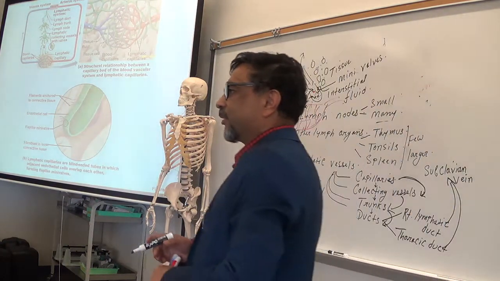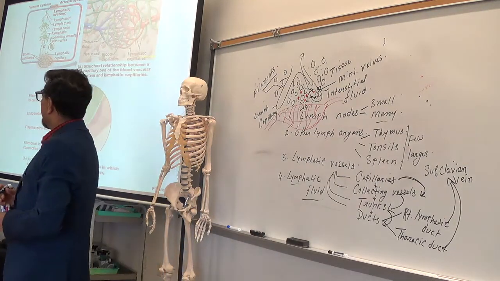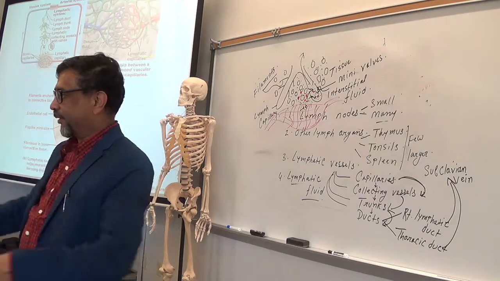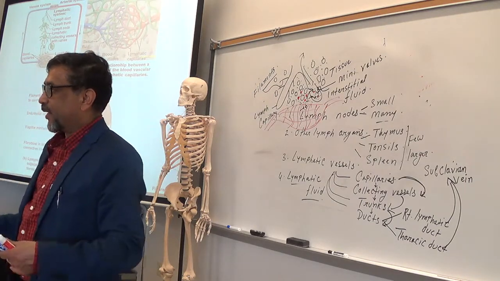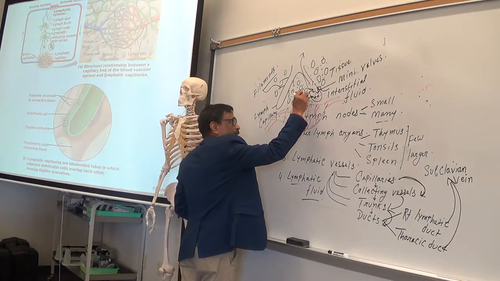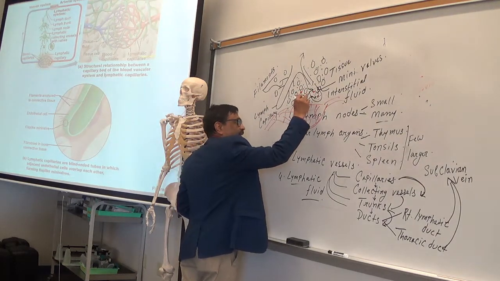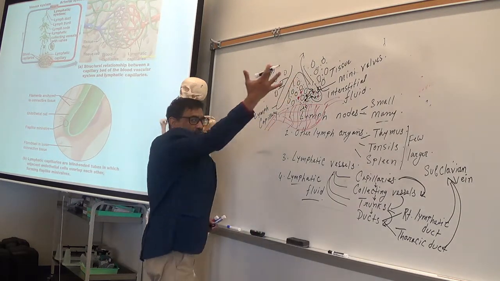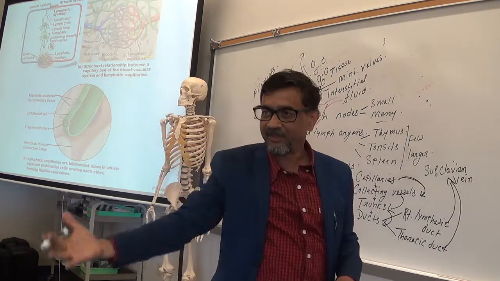Make sense? Okay. So that is happening in your body, and every time if there is any new microorganism or antigen, it will be taken into the lymphatic system and will be destroyed inside the lymphatic system.